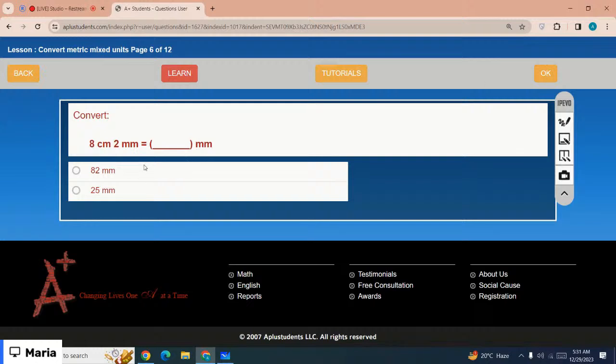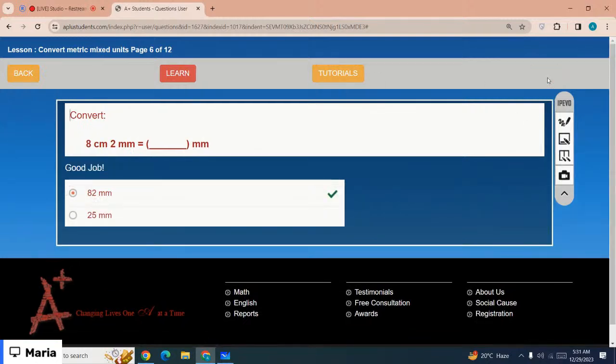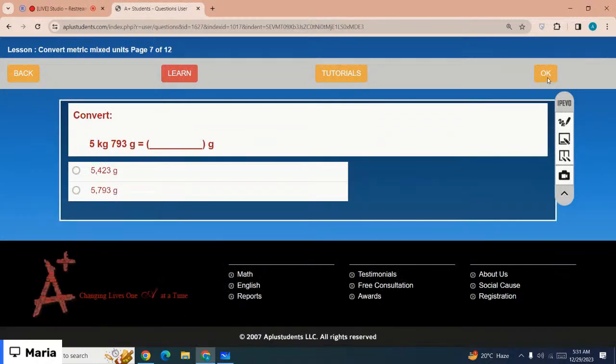Yes, that is 82 millimeters. The correct option is option number 1. Okay, you can complete the lesson by yourself later today. Let's just move on to next lesson.